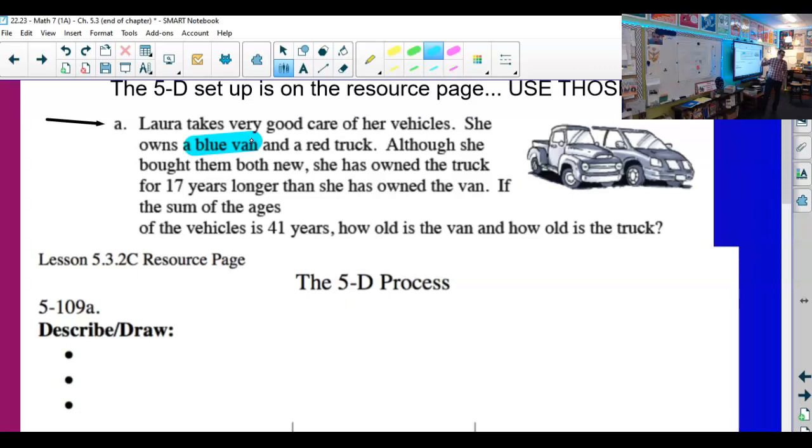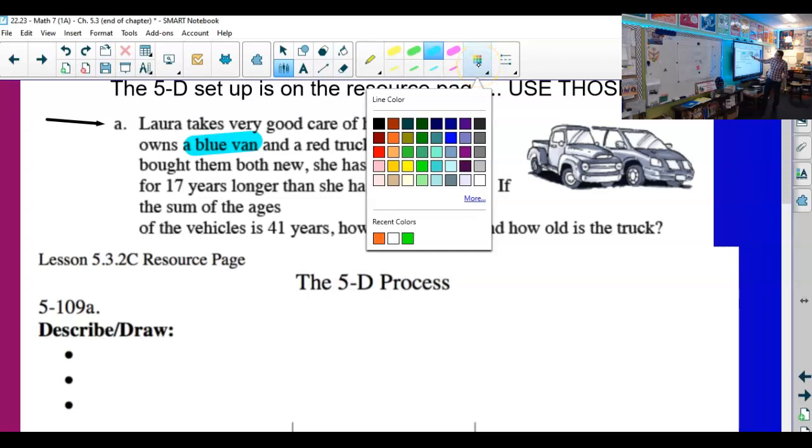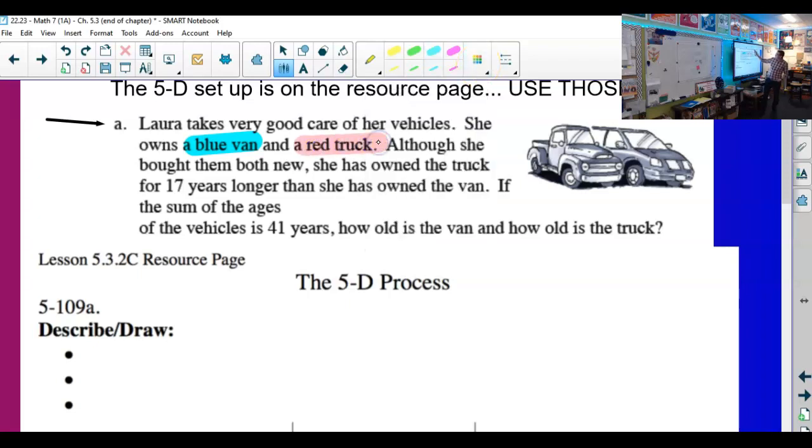Van's enclosed, truck has an open bay. Like the part in the back that's open. Yeah. Vans are not open. They're enclosed. Which is why I kind of want a van, because I like that it's enclosed.